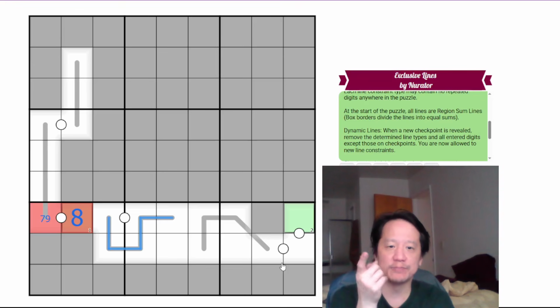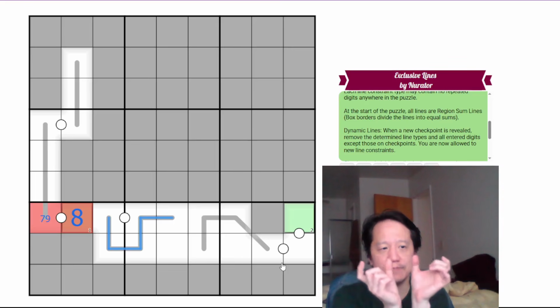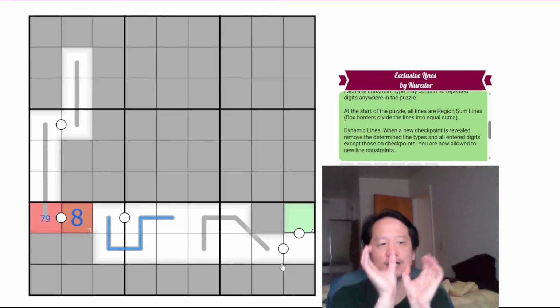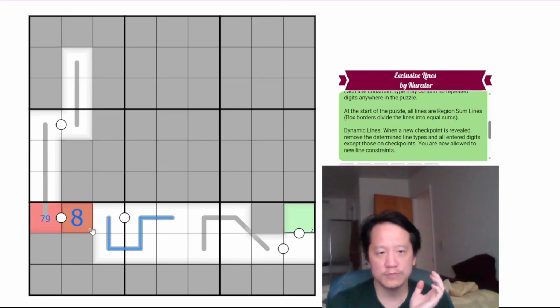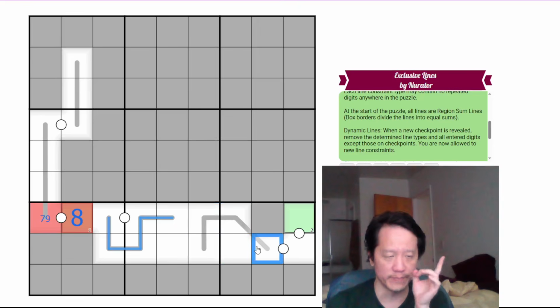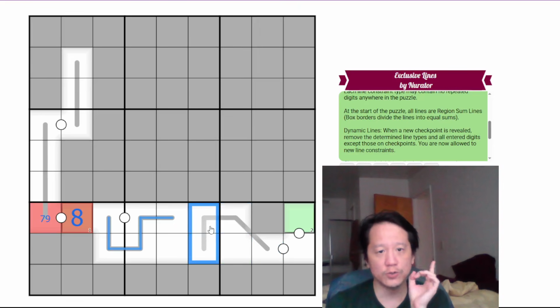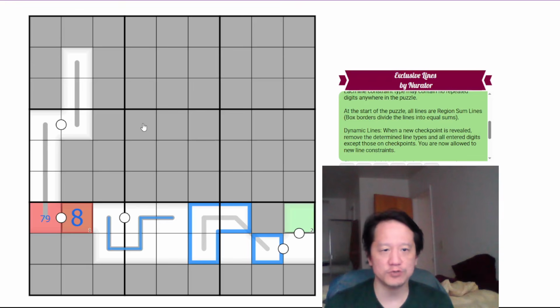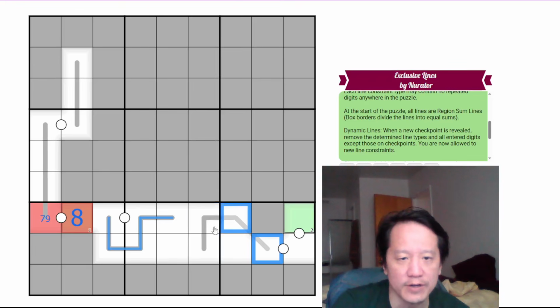Right? 1 through 9 add up to 45. In the region sum lines, you're always going to add up to 2 times a sum if you have the line in 2 regions, which all of them are. So that means the region sum line cannot contain all 9 digits, which eliminates this from being a region sum line and this from being a region sum line.